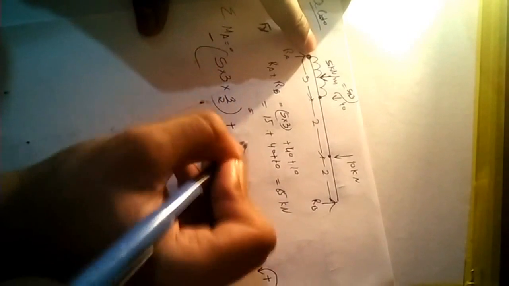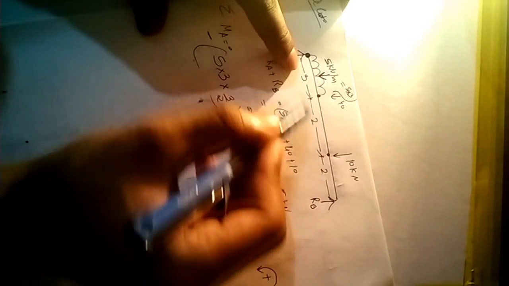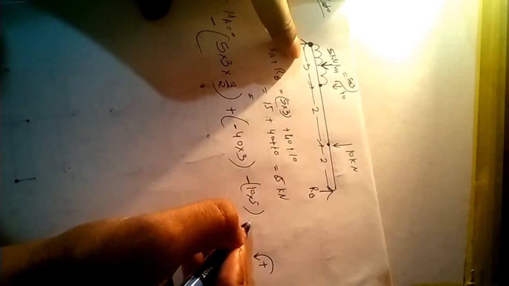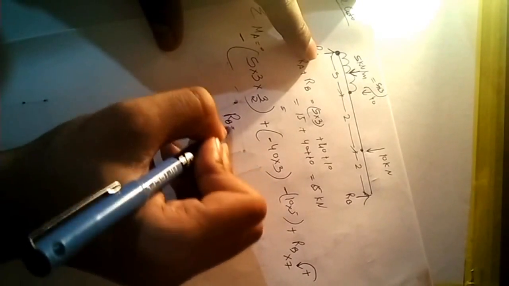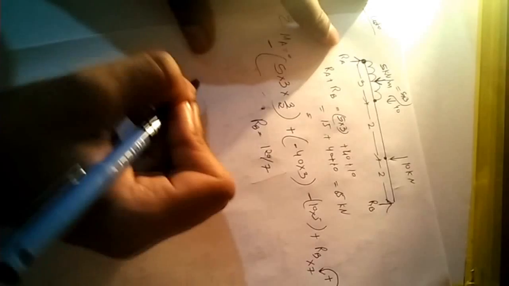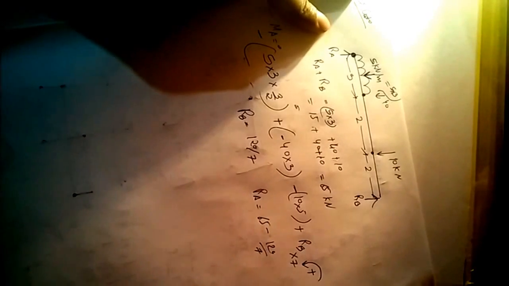Again we are taking this side positive, so everything will be negative: 40 into 3, 10 into 5, plus RB into 7. So we can find out the value of RB from here. RB is equal to 120 by 7, and then we will find out RA. RA will be 65 minus 120 by 7.